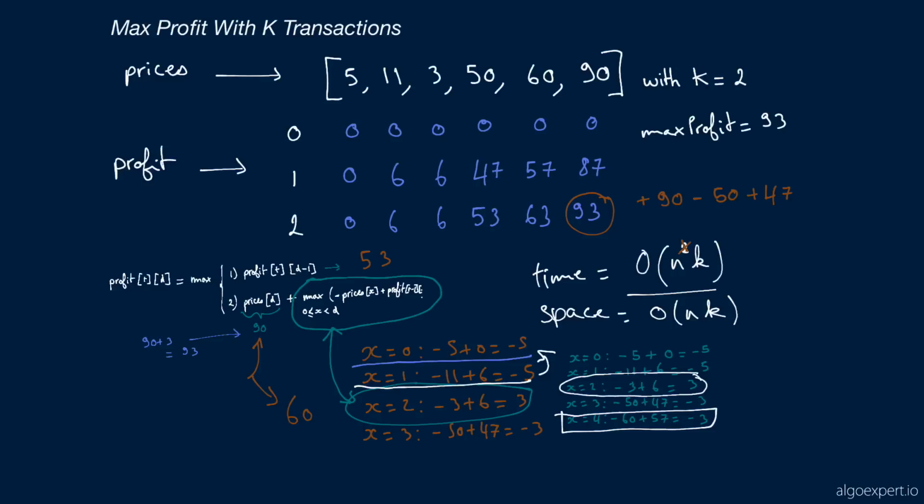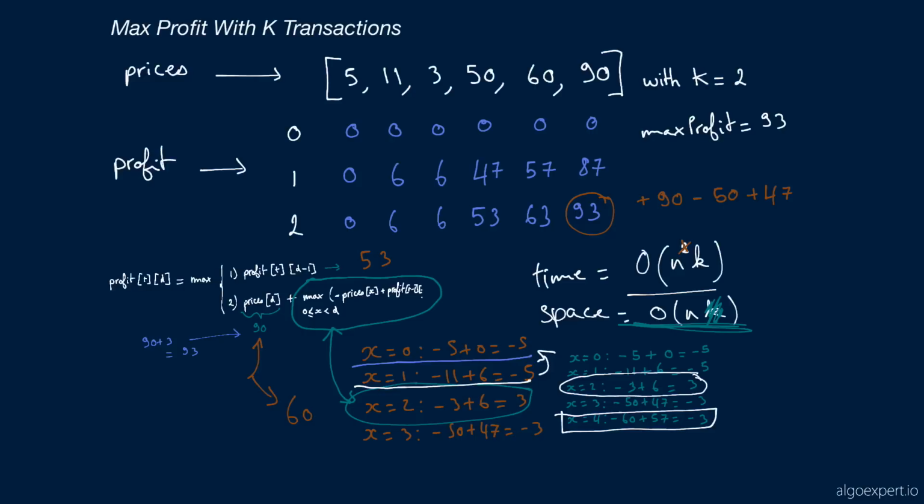And if that's possible, which it is, then it would turn our space complexity, which we have as O of nk, into O of n, because the k would just turn into 2. We'd only store 2 rows, and we would drop the 2 and just say that our space complexity is O of n. And so I will try to explain how that works in much greater detail in the code implementation of the algorithm.